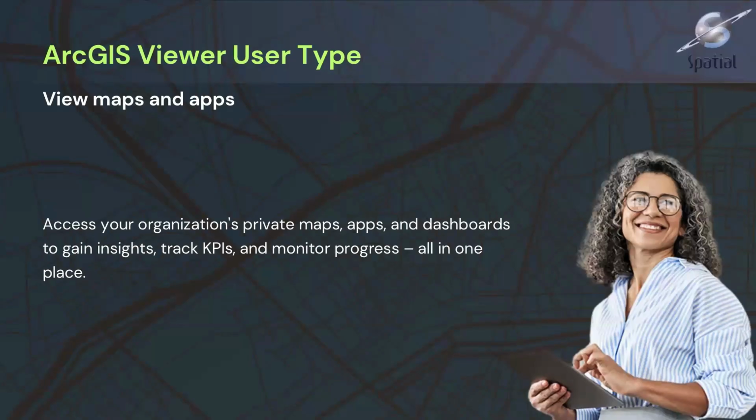The viewer user type is designed primarily for individuals who need to consume and interact with existing geographic information. These are persons who are able to explore, visualize, and understand spatial data without the need for creating or editing that content. The key capabilities of this updated viewer user type include map and app exploration.